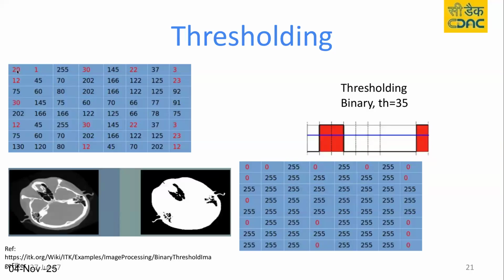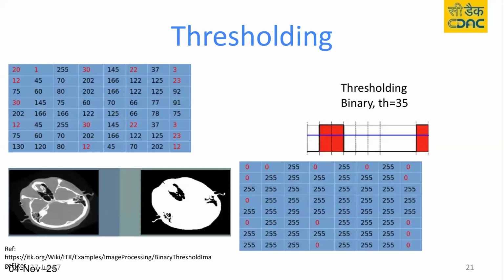That's why you see these red numbers 21, 30, 22, 3, etc., which are less than 35 in the input matrix, become 0, 0, 0, 0, 0 in the output matrix. And any value which is greater than 35 in the input matrix will become 255 in the output matrix. So that's what you see here, a lot of 255. So in short, the output matrix will only have 0 and 255 after thresholding.